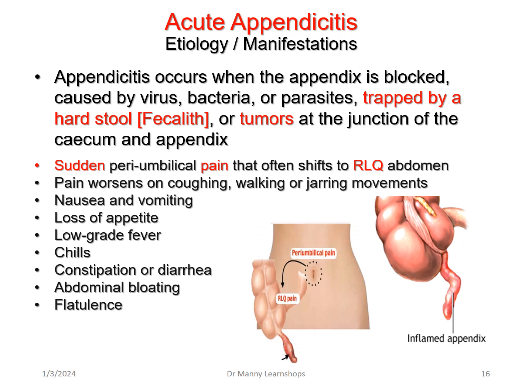And what typically happens is there's sudden periumbilical pain that often shifts to the right lower quadrant of the abdomen. And as the pain is there, of course it's going to be made worse by movement, things like coughing, walking, jarring. It may be associated with nausea and vomiting, a loss of appetite, a low-grade fever, chills, constipation or diarrhea, and abdominal bloating and flatulence.